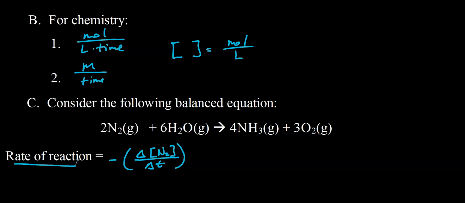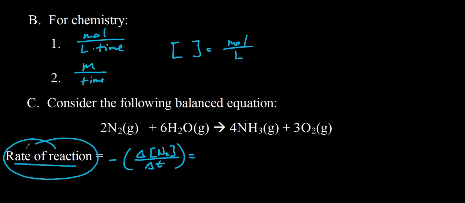Now, take a look at the water. Notice that the water is going to be consumed at a rate 3 times that of the nitrogen. Meaning for every 1 mole of nitrogen that reacts, 3 moles of water react. So how do we want to have the same number here, even though we're using different substances to calculate the rate?